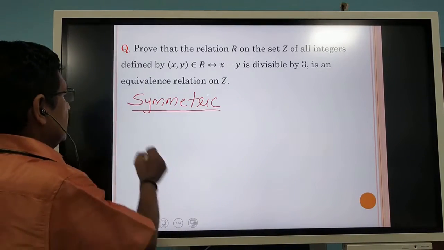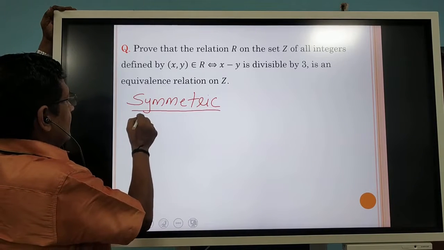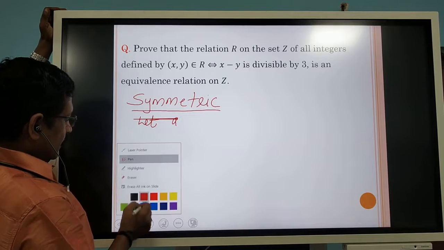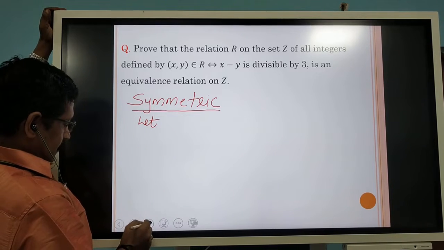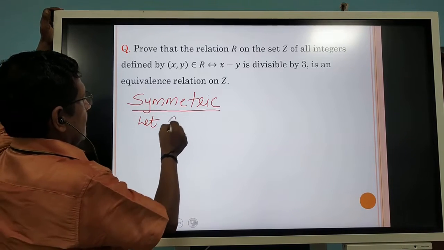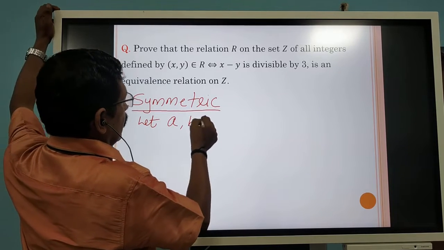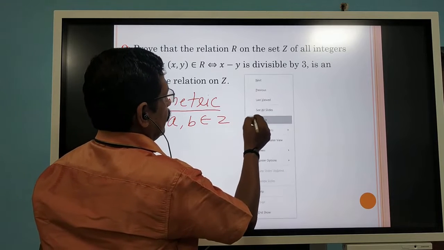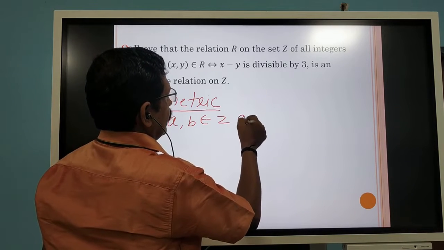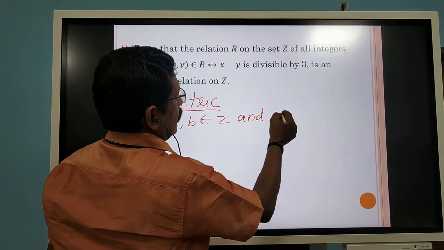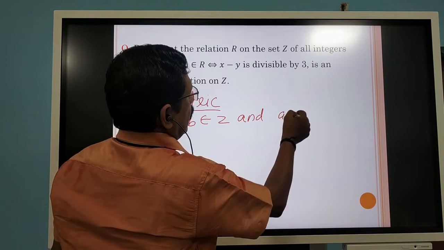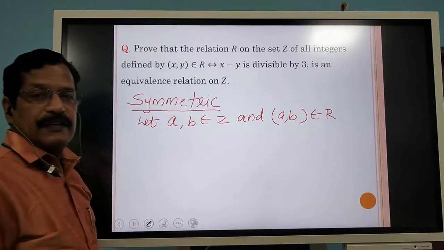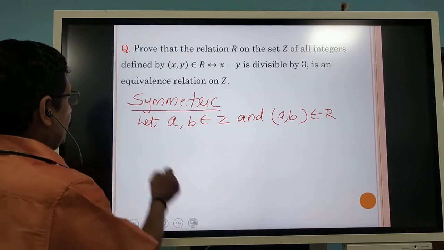So, I am taking two elements a and b, a comma b, elements of the set, two arbitrary integers, and a is related to b, ordered pair (a, b) element of R. Now we have to get b is related to a.